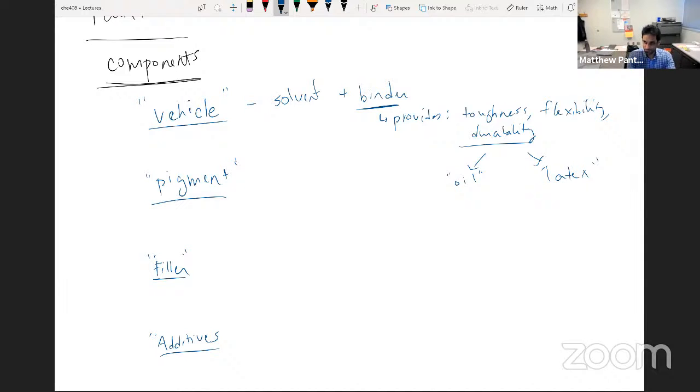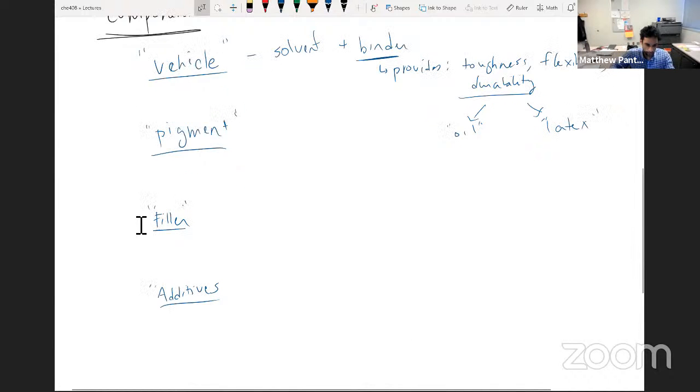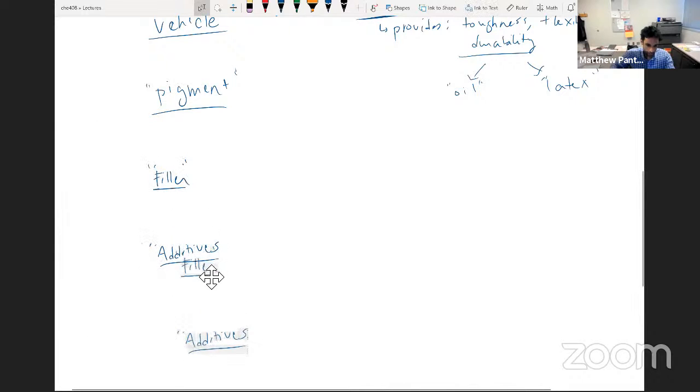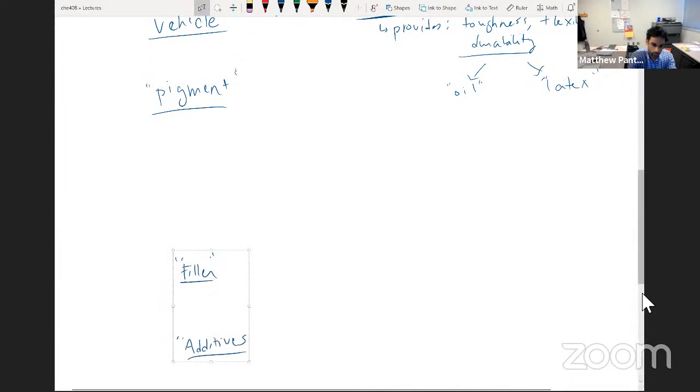So anyways, pigment. So pigment has two components. But generally, let me spread this out a little bit so we have space here. Okay, so pigment is typically made out of some kind of granular solid. Granular meaning it's particulate, dispersed in paint.